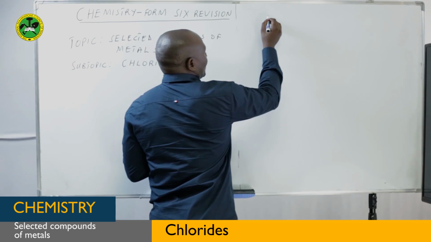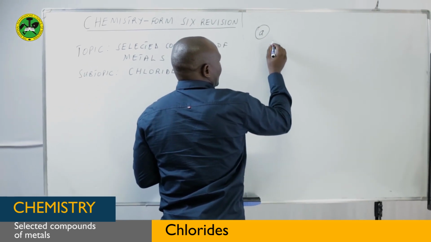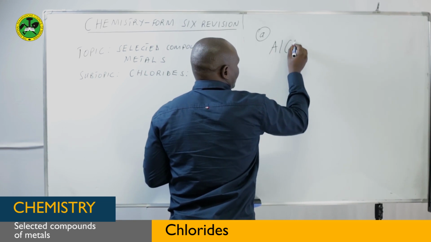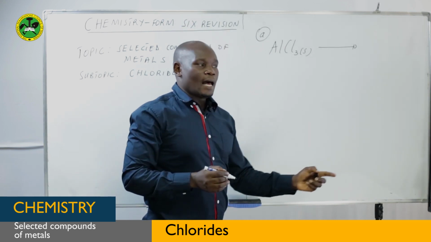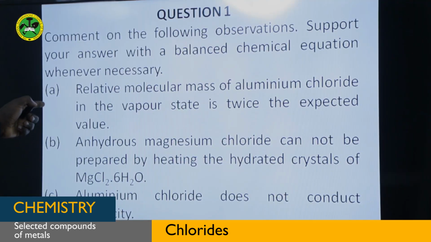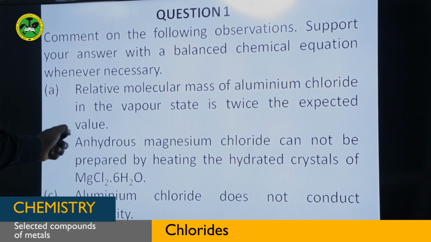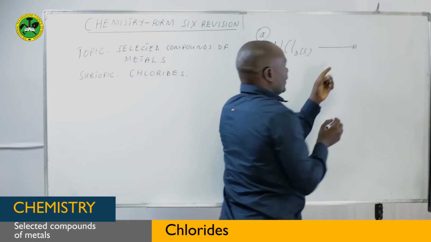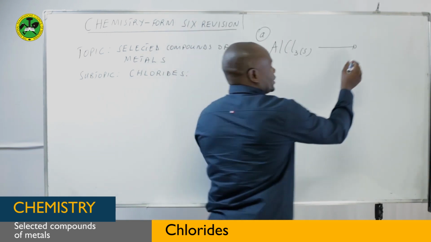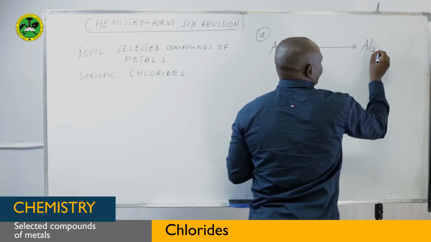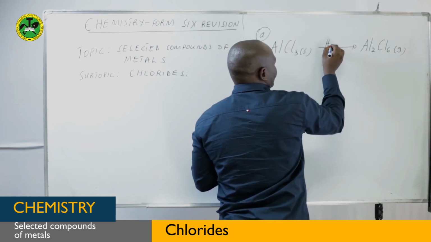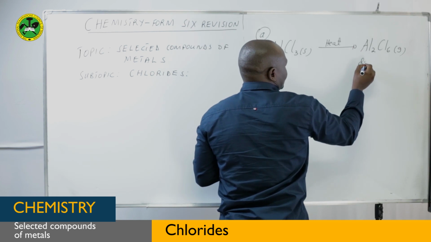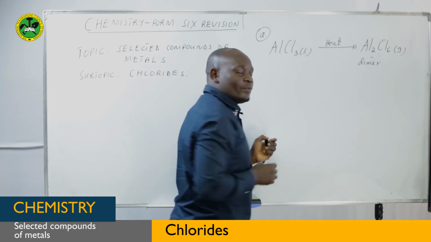So for question 1, A is aluminum chloride. We are told that this aluminum chloride in its vapor state has twice the expected molecular mass value, which means that if it is twice, it is the dimerization of aluminum chloride, which results in the formation of the dimer of aluminum chloride, which is in a gaseous state. So when heated, this is what we call the dimer of aluminum chloride.